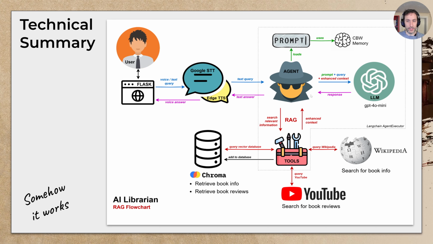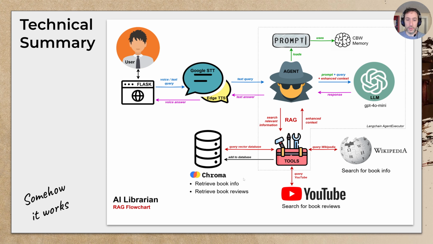As I said, the large language model via the agent has access to a RAG, retrieval augmented generation system. The RAG consists of a set of tools that allow my agent to fetch information from outside the reach of the large language model. So if my LLM doesn't know an answer, or if it cannot fully understand the user query, it has some tools to fetch this information from outside.